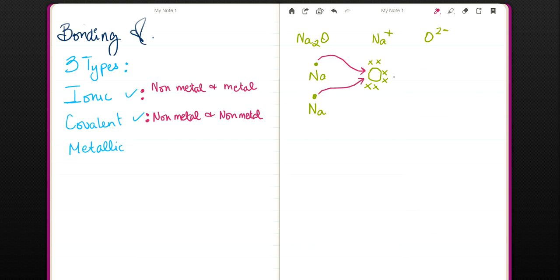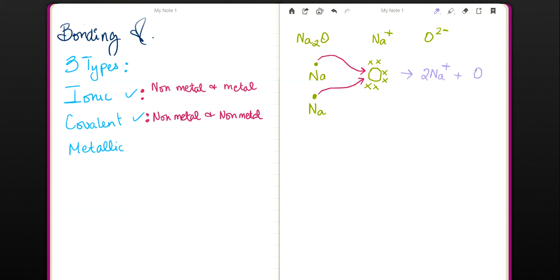This in return would give you your reaction expression, where you would now say that 2 sodium ions were needed to complete oxygen's valence shell.